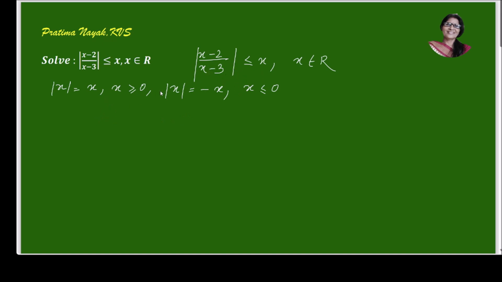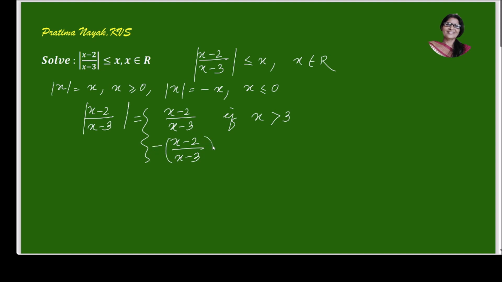Similarly, for the function (x minus 2) over (x minus 3), it becomes positive (x minus 2) over (x minus 3) if x is greater than 3, and equal to negative (x minus 2) over (x minus 3) if x is less than 3.